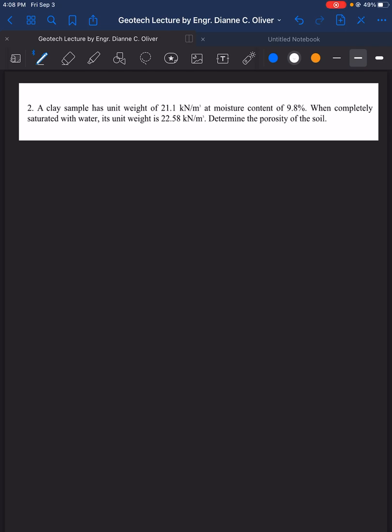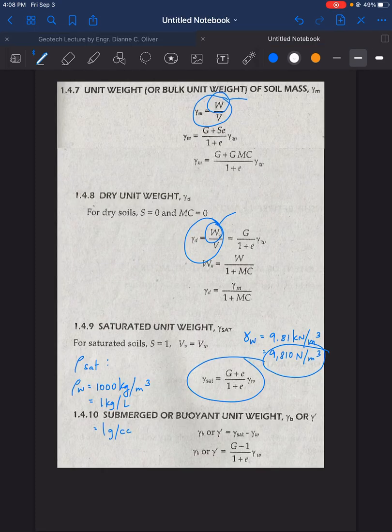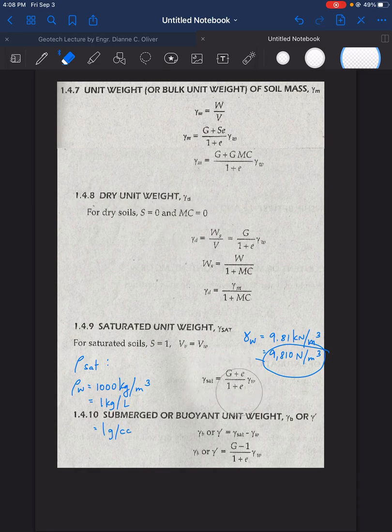So we have the clay sample. It has a unit weight of 21.1. So what kind of unit weight are we talking about here? We have 4 unit weights. So which one is the unit weight of number 2? Okay, so what unit weight are we going to use?